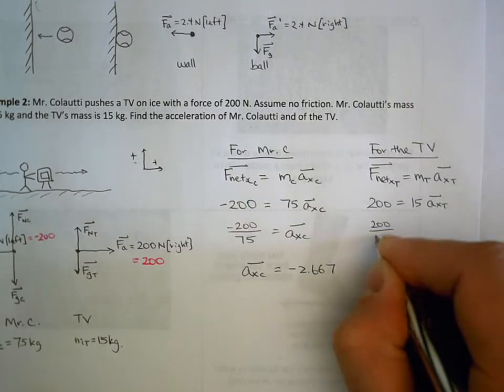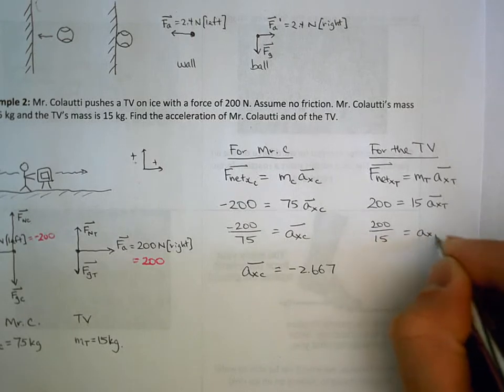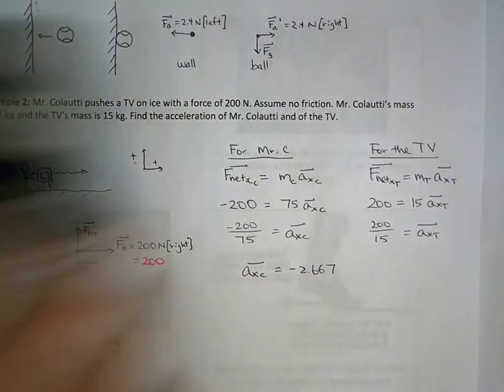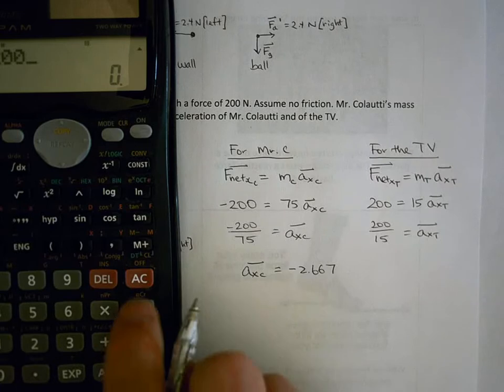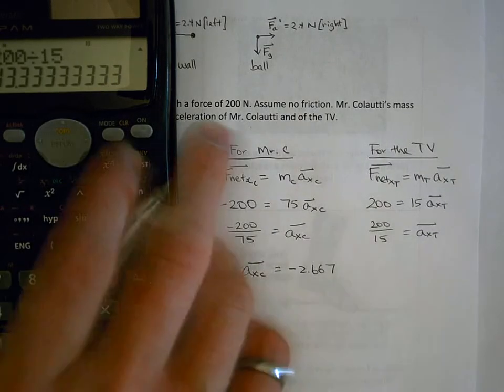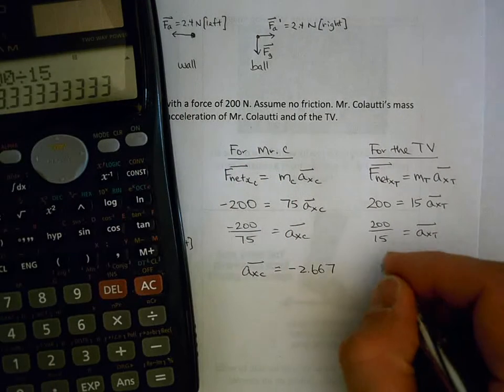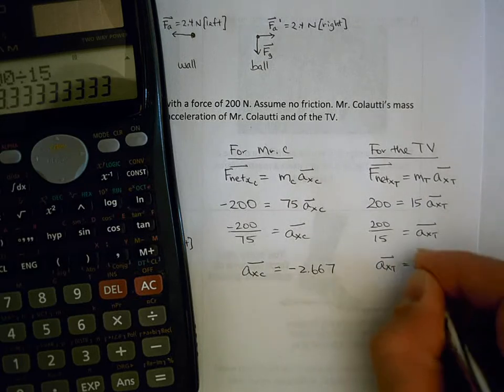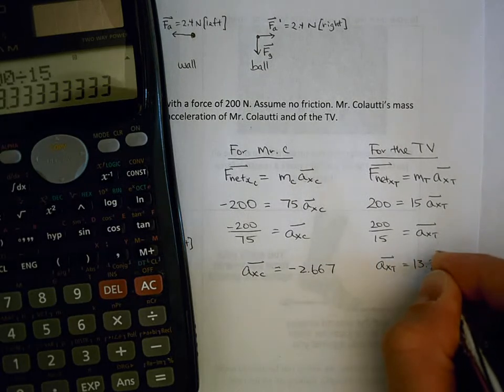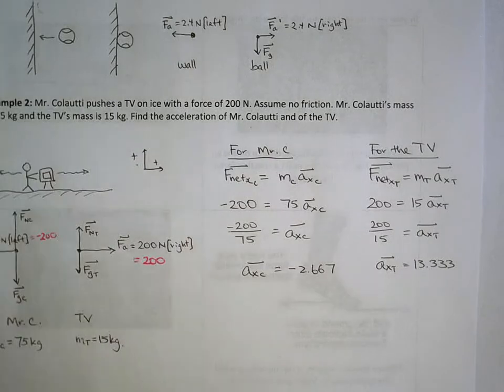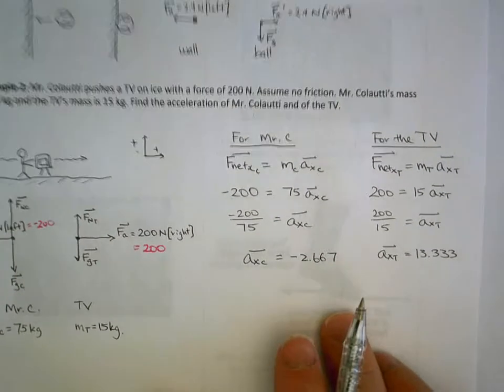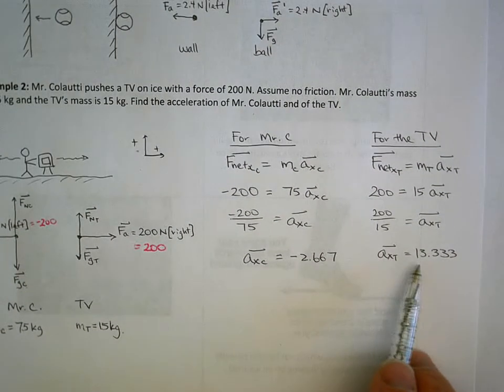This is 200 divided by 15. If I type that into my calculator, I get 13.33.